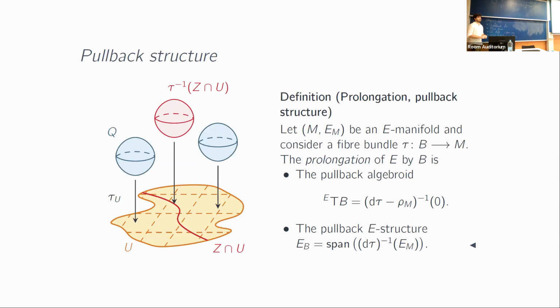First of all, pullback structures. When we have a base manifold with an E structure, we can actually pull it back to any fiber bundle by surjectivity of the projection and obtain an E structure at the top, which is actually the pullback algebroid of the E-tangent bundle. Or if you want to describe it in terms of local sections, you can take the preimage of the E structure, consider the span of these, and they are equivalent vector bundle or Lie algebroid structures.